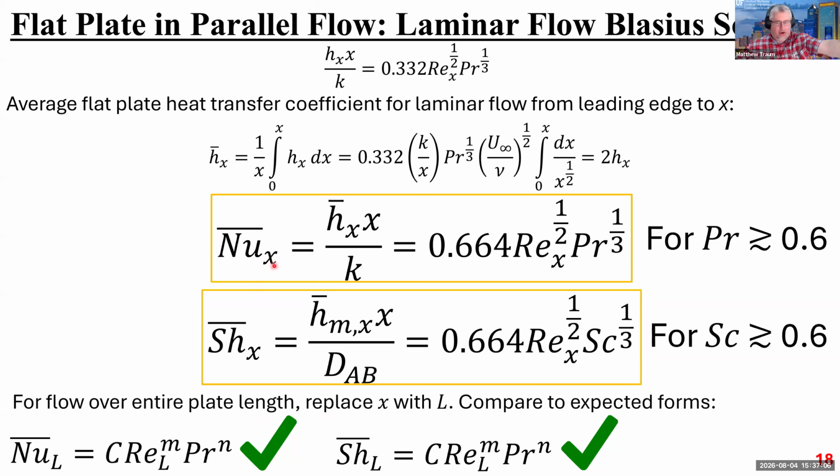It could be any coordinate down the plate, to whatever distance you want, so long as you're still in laminar flow. But if you want the entire plate, provided you haven't crossed that critical Reynolds number, you just put an L here, the length of the plate, and then this becomes a correlation for the average Nusselt number over the entire length of the plate. Okay, cool.